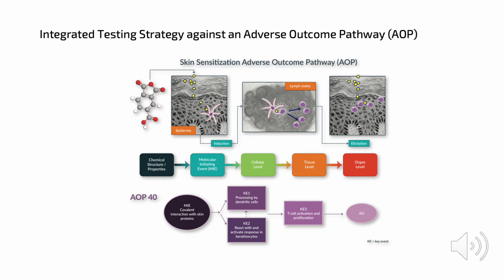The SaferSkin application supports the integrated testing and assessment of an ingredient against the adverse outcome pathway for skin sensitization, including the molecular initiating event with skin proteins and the downstream immune system response.